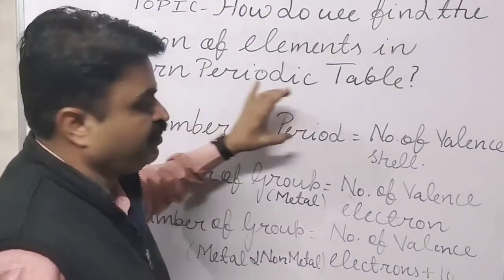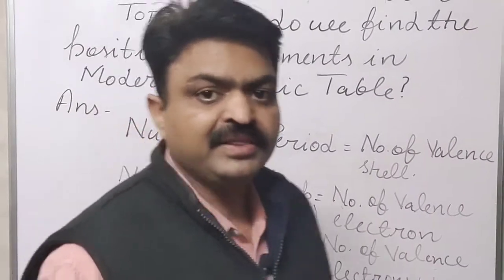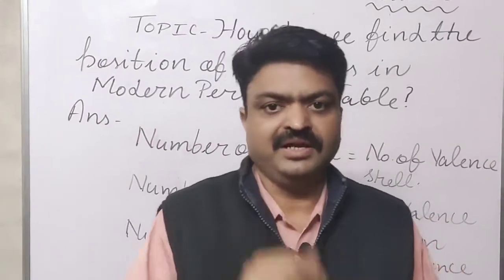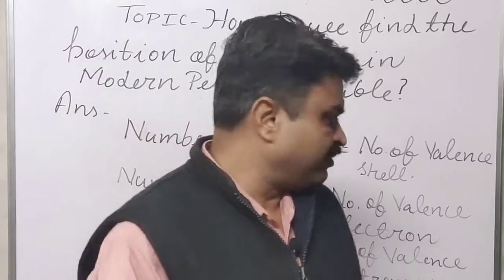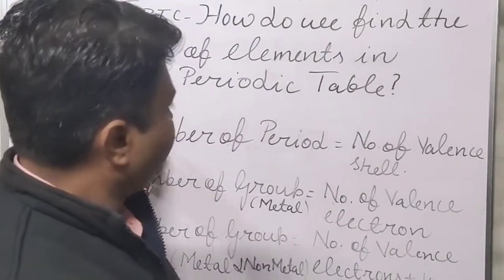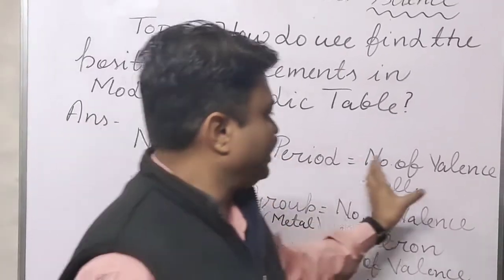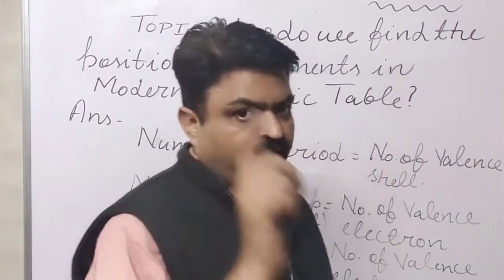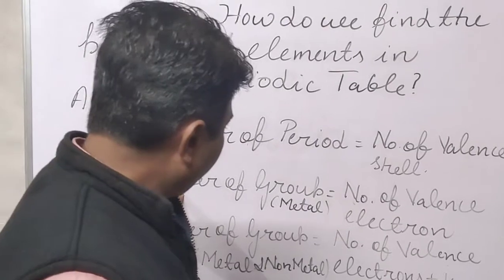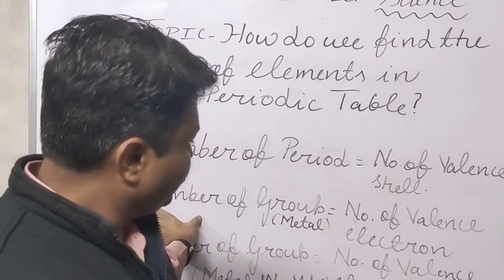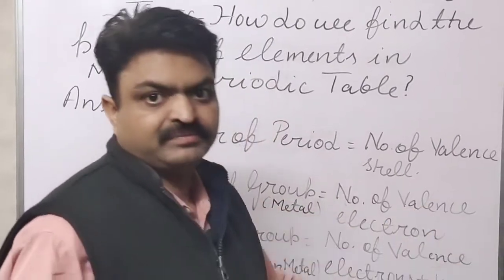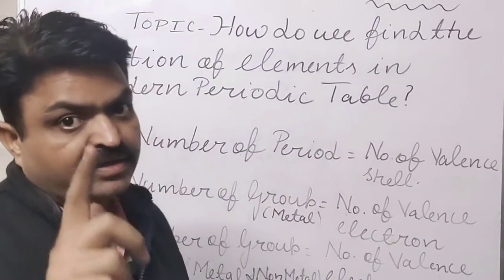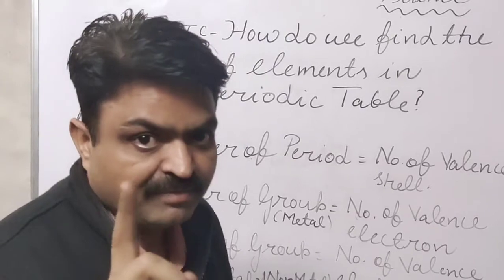First, the number of the period. As you know, in the modern periodic table there are 7 periods and 18 groups. The number of the period we know from the number of valence shells. And the number of the group, in the case of metals only, we know from the number of valence electrons, meaning the electrons in the outermost shell.